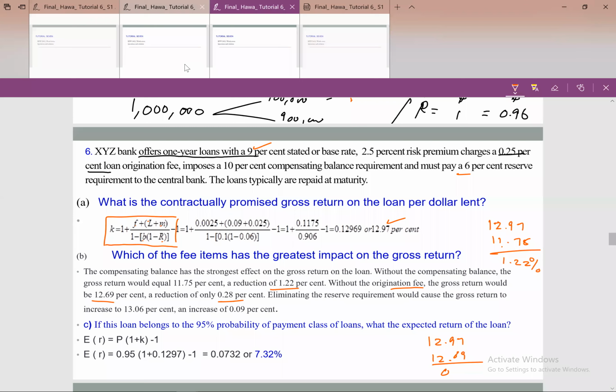If we drop the reserve requirements, then the rate will be 13.6, so the difference will be just 0.09. So actually, the biggest is the compensation balance, as you can see.